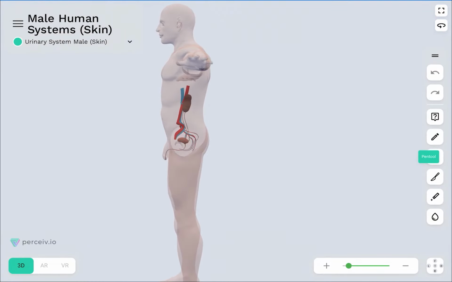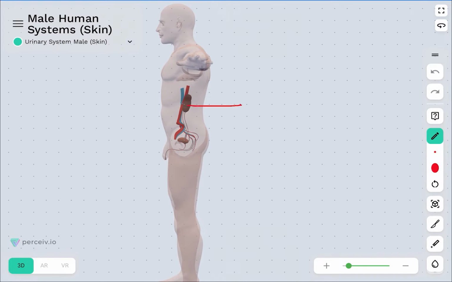If I show you the side part of the human male system, you can see that they are more or less towards the abdominal area, situated dorsally, on the dorsal inner wall of the abdominal cavity.